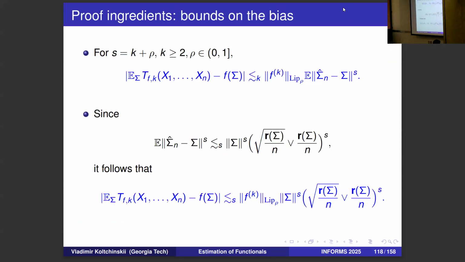Okay, so I will discuss very briefly some ingredients in the proof of this result. One ingredient is this bound on the bias of this estimator that we already discussed.